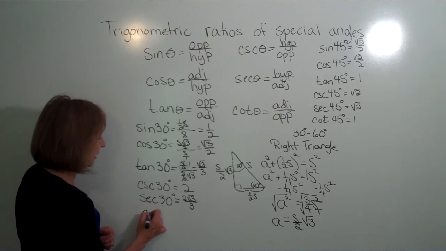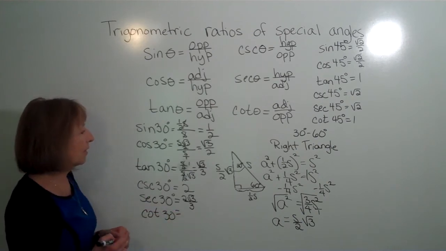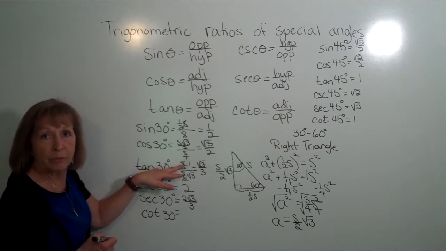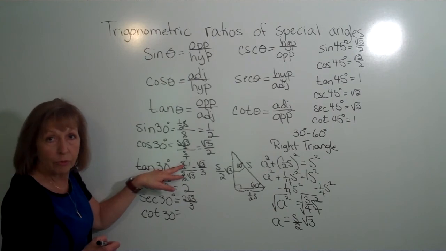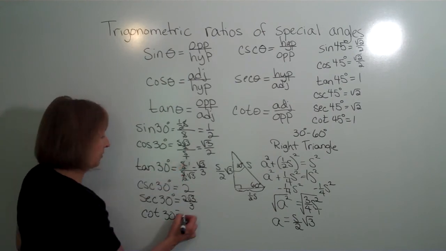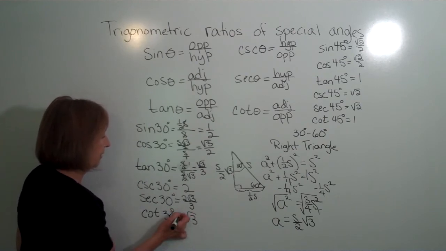Then cotangent of 30 degrees is the reciprocal of tangent of 30 degrees. So reciprocal it before you rationalized it. Before we rationalized it, it was 1 over the square root of 3. So when we take the reciprocal, that's just the square root of 3. And I forgot my degree mark, so make sure that you have that.